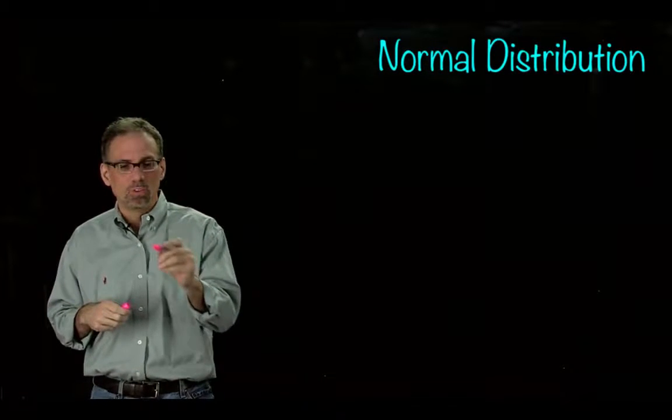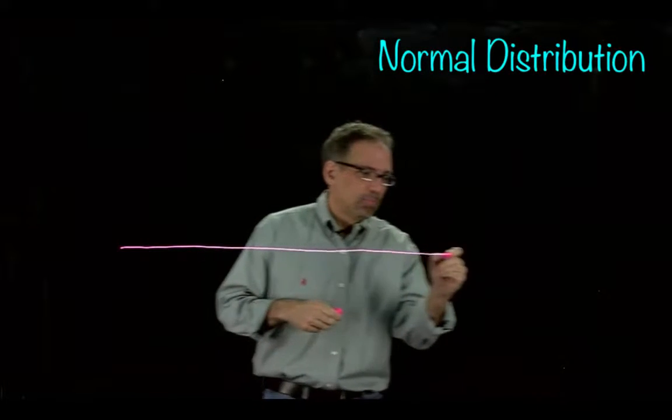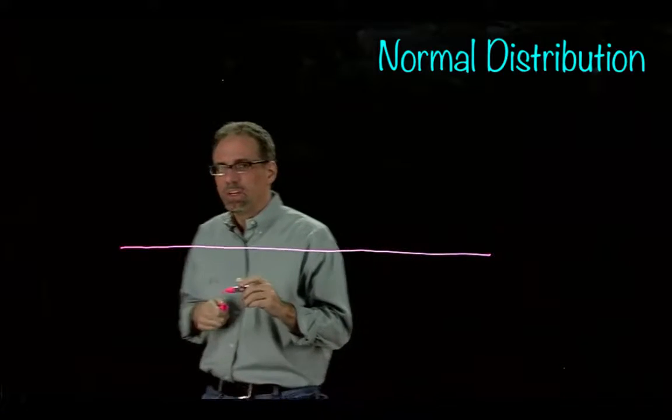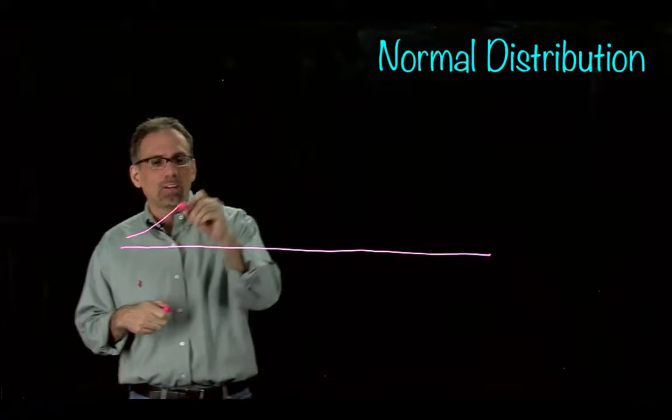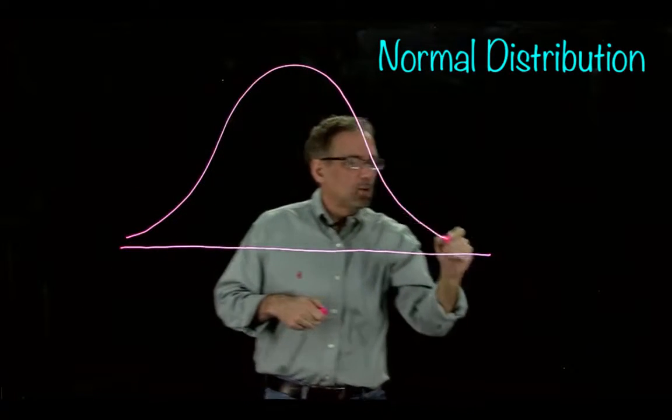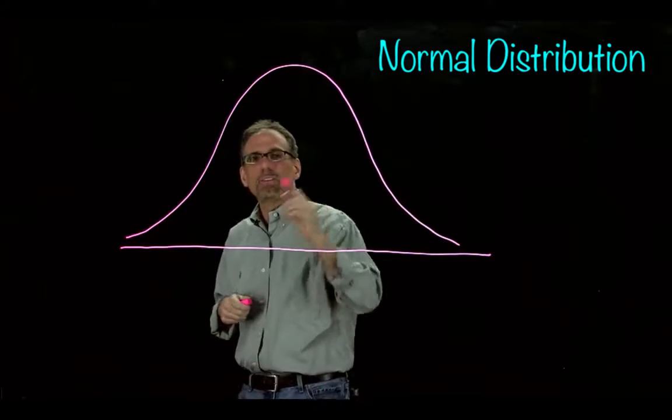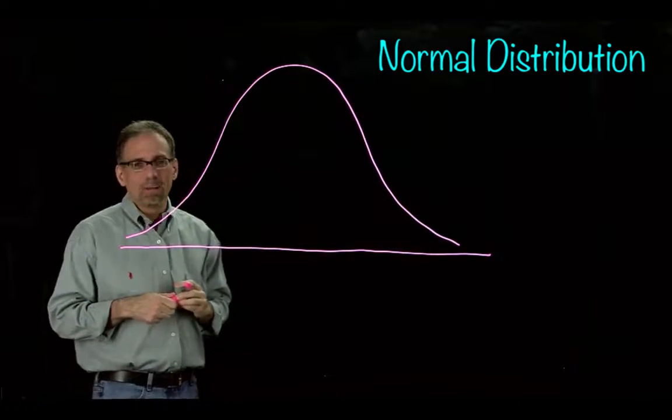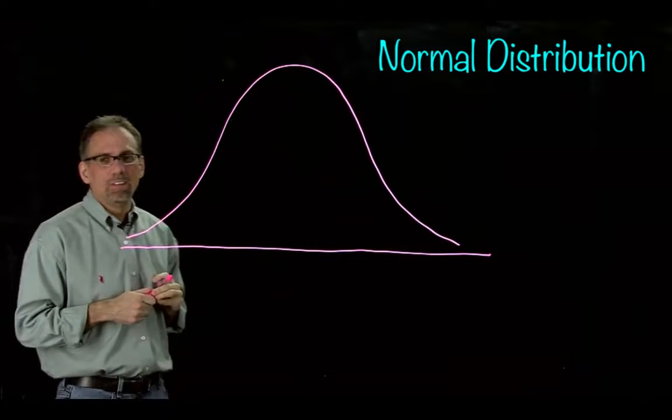Let me use one particular distribution, the normal distribution. You've probably heard of the normal distribution many, many times. It is usually represented by this lovely bell curve, and I don't claim to be a great artist in terms of drawing this thing, but nevertheless, you've probably seen this many times.